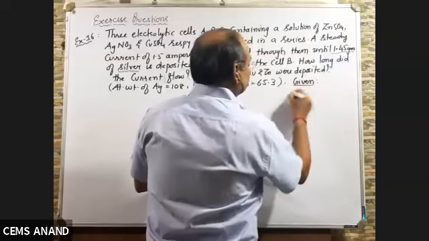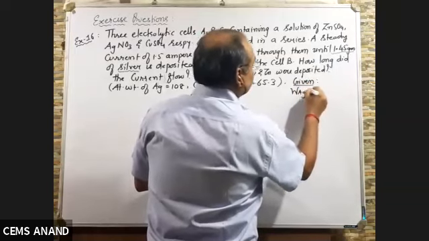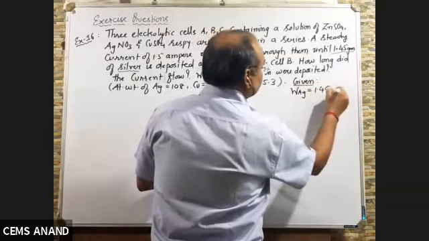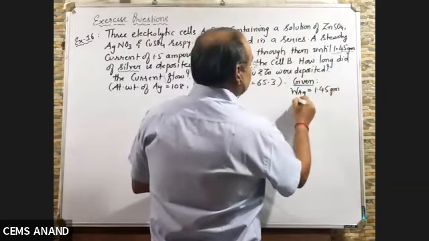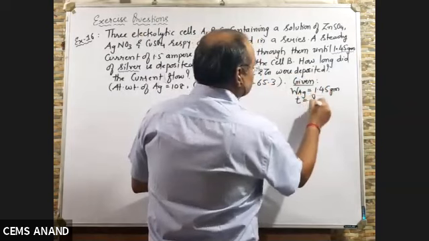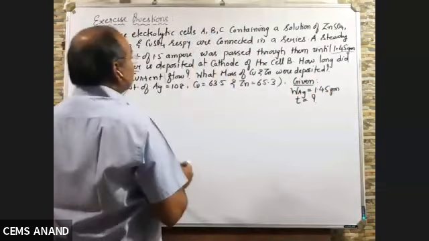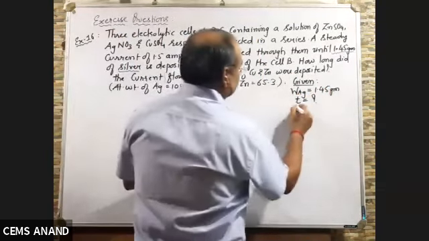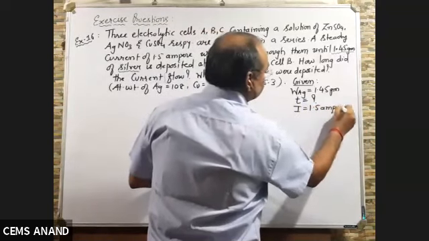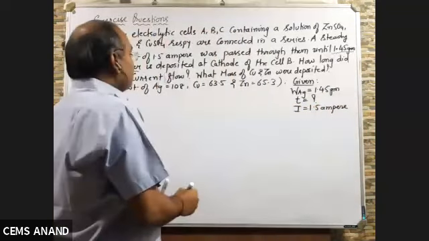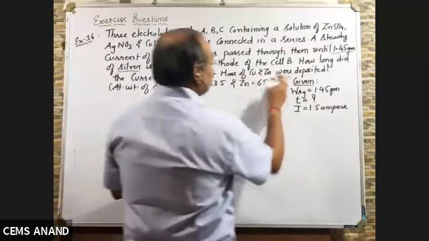Given: weight of silver deposited is 1.45 gram. Remaining is already written. Time is asked. Current is given. And one more point, weight of copper and zinc is asked.